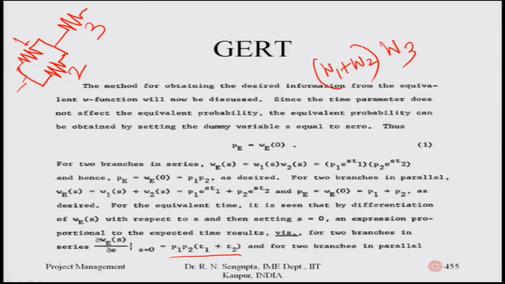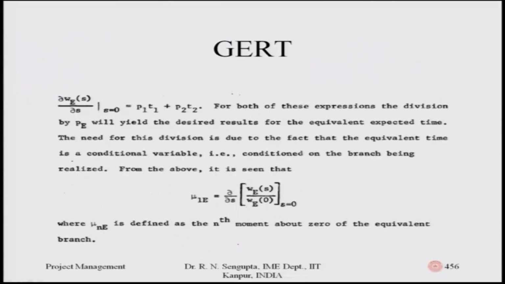So, let me point it out, when you differentiate, the exact value you want to find out would be the case when the equivalent dummy variable is put to 0, and for the two branches in parallel, the function is P1 into T1 plus P2 into T2. For both of these expressions, the division by the equivalent probability PA will yield the desired results for the equivalent expected time.